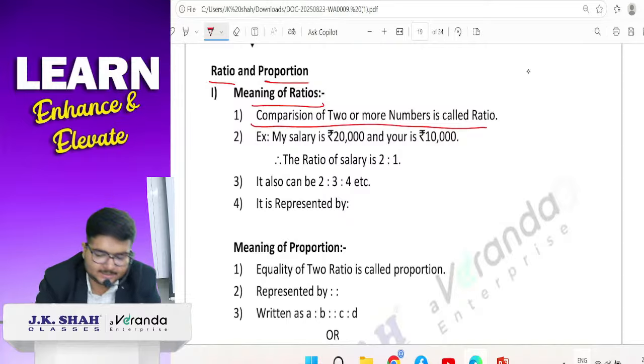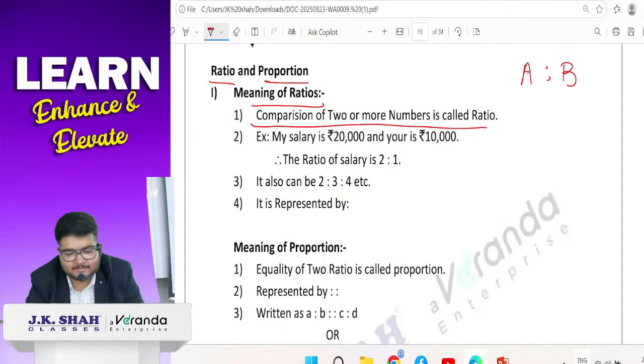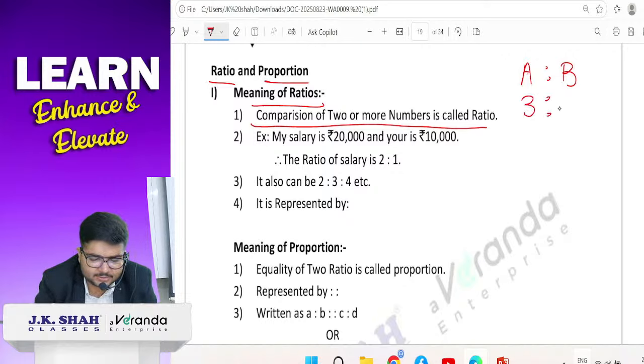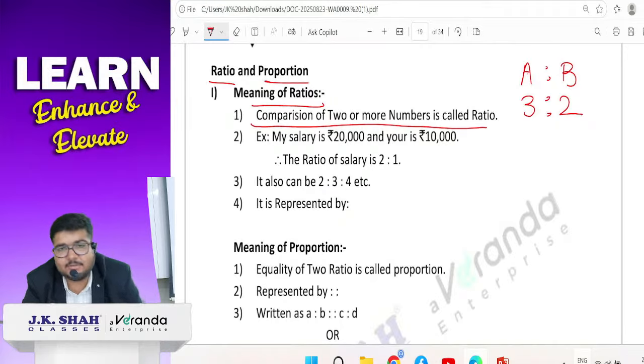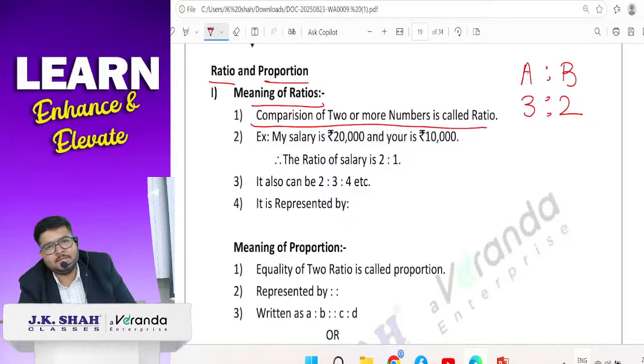When I tell you there are two partners, A and B, and the ratio of them is 3:2, what is this 3:2 trying to tell you? It is comparing both the partners. It is actually comparing the ownership of the partnership firm: A has more ownership, B has less ownership. So ratio is always used for comparing two or more quantities.